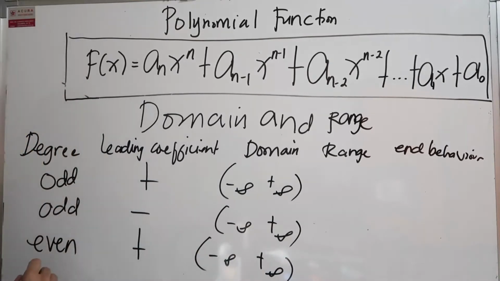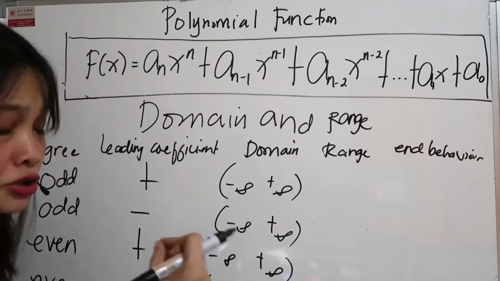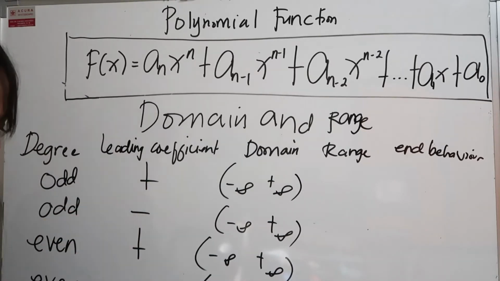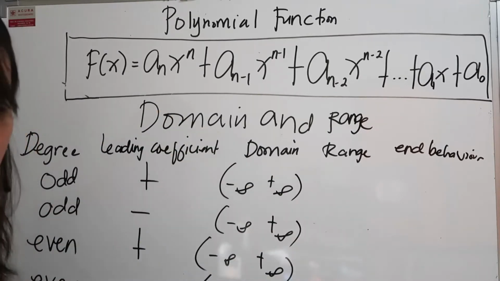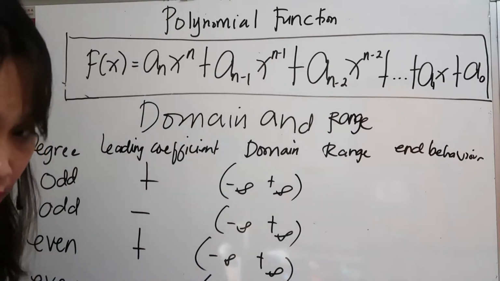If it's even and the leading coefficient is negative, the domain is still from negative infinity to positive infinity. In short, the domain of a polynomial function is always the set of real numbers, from negative infinity to positive infinity.